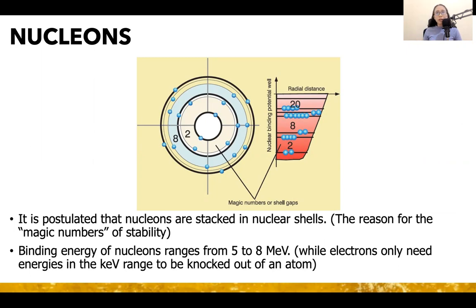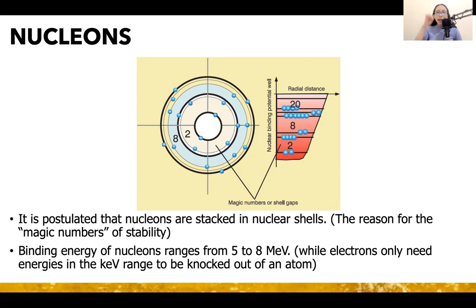Well, they are not exactly shells, but we refer to them as orbitals. But we picture them as shells around your nucleus. Just like your electrons, your nucleons are occupying these so-called nuclear shells.